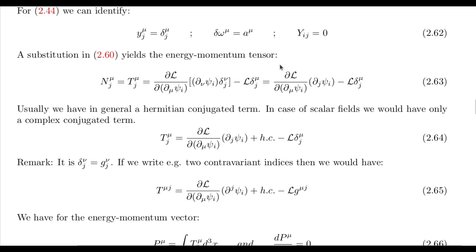And if we think of what we have learned in relativistic quantum mechanics, this is the energy momentum tensor. So here we have to add the Hermitian conjugated, of course, or if we have only complex field, then the complex conjugated here.